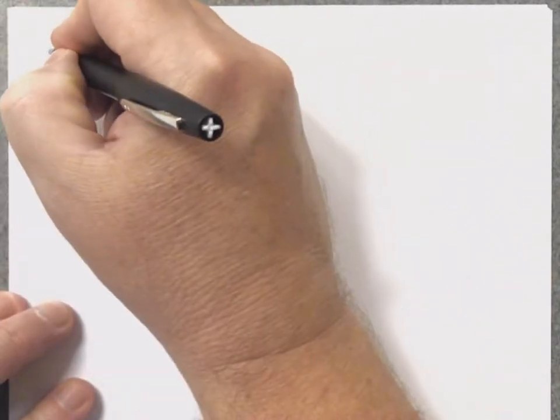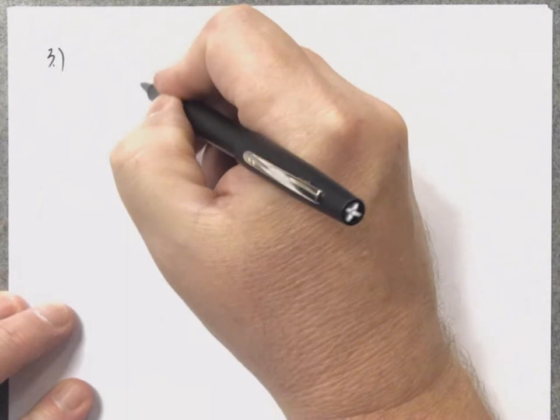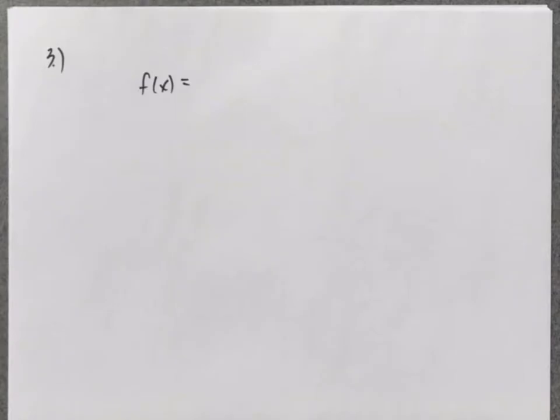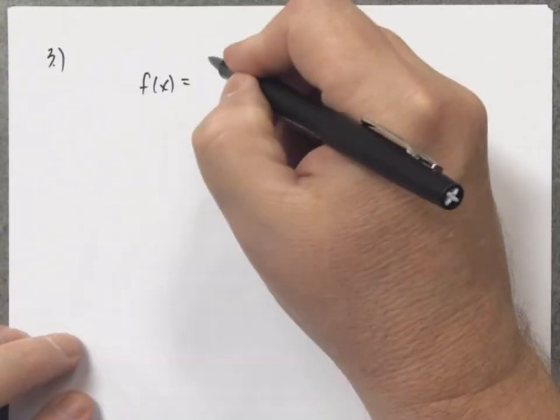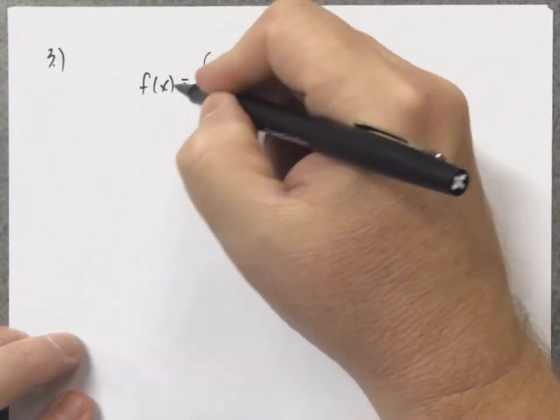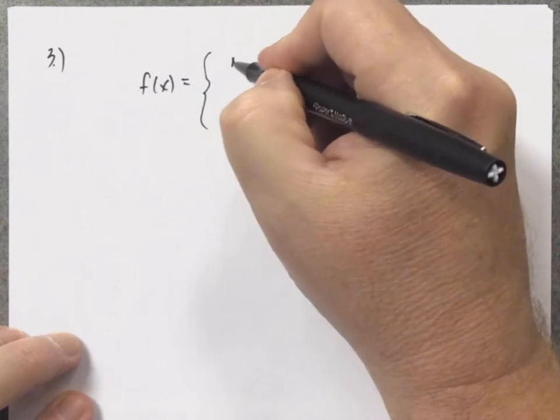So let me just copy this down. Here's what it says. So basically the function is not always going to be the same. The function is going to change according to what your value of x is. Now this one actually has 3 parts to it.